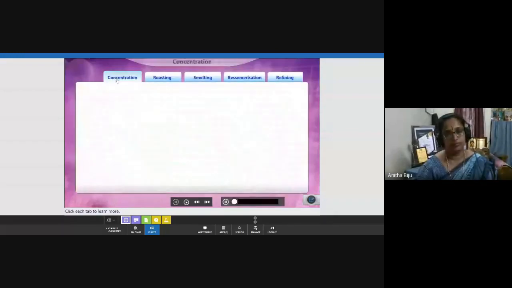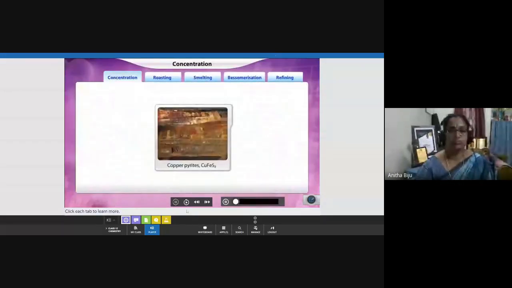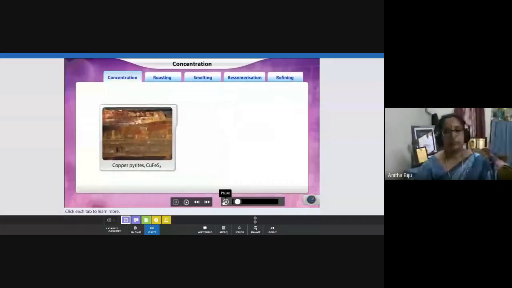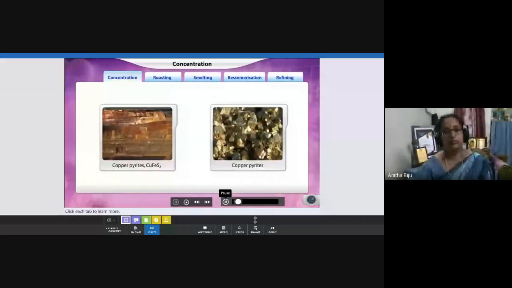Copper is mainly extracted from its principal ore, copper pyrites. This is the major ore of copper. In this particular slide, we are seeing all the processes associated with extraction of copper from copper pyrite. Copper pyrites contain many siliceous impurities called gangue.